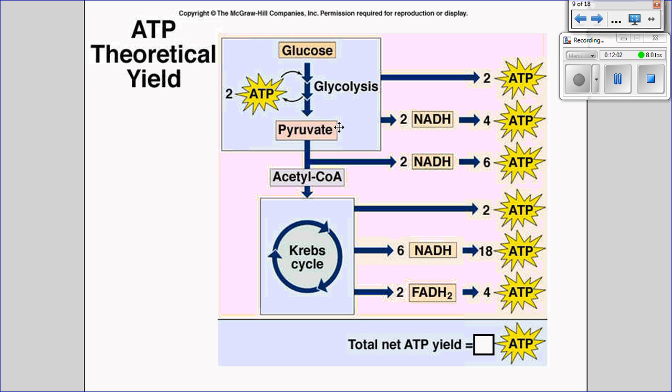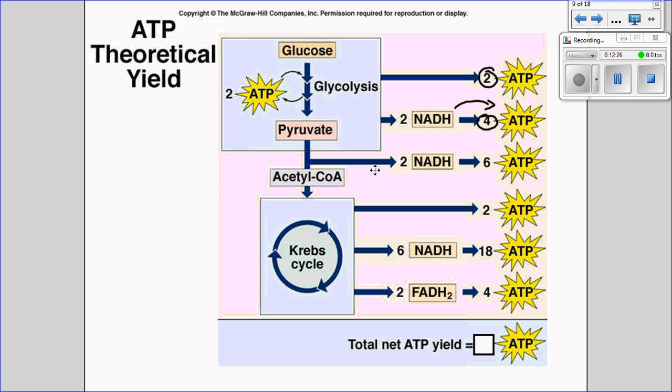So during glycolysis, you create 2 NADH, which actually creates 4 ATP. You also get 2 ATP produced during glycolysis itself.